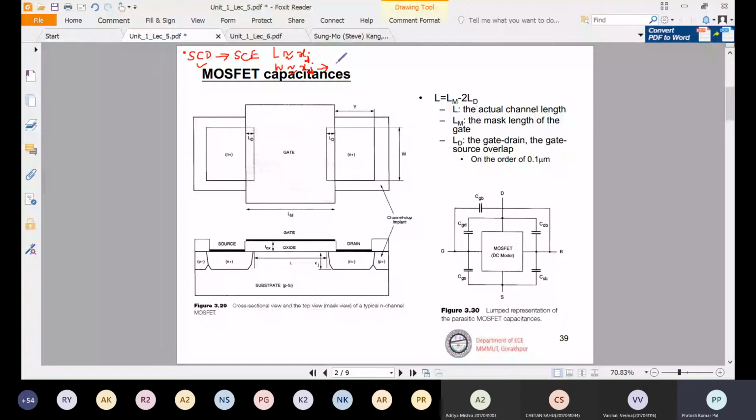Okay. So similarly, we will go further with the MOSFET capacitances. A MOSFET has some parasitic capacitances.